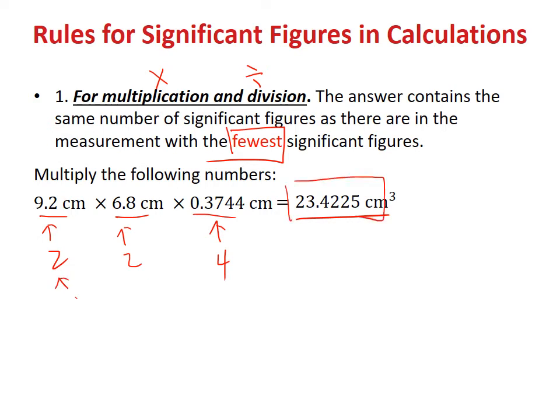So not all of them are significant, only 2 of them. And therefore, the ending numbers are not significant. So the answer should be 23, okay, because those are not significant. You can only have as many significant figures as the fewest one in the measurement.